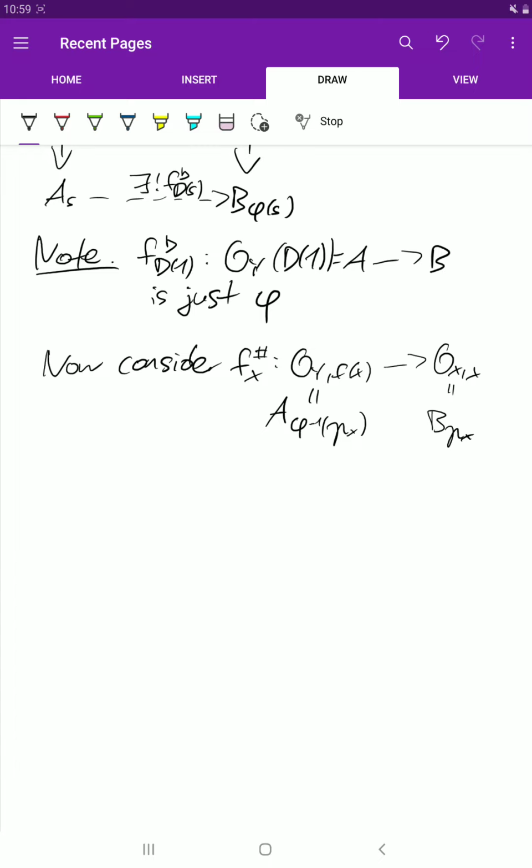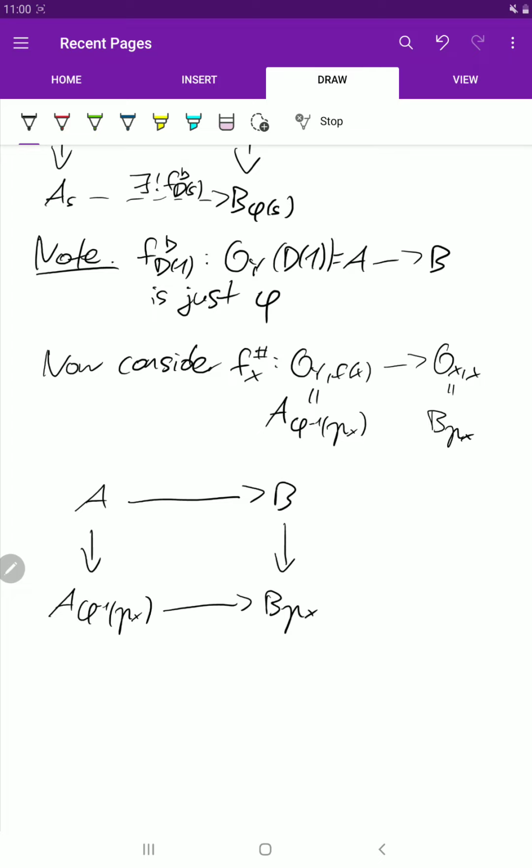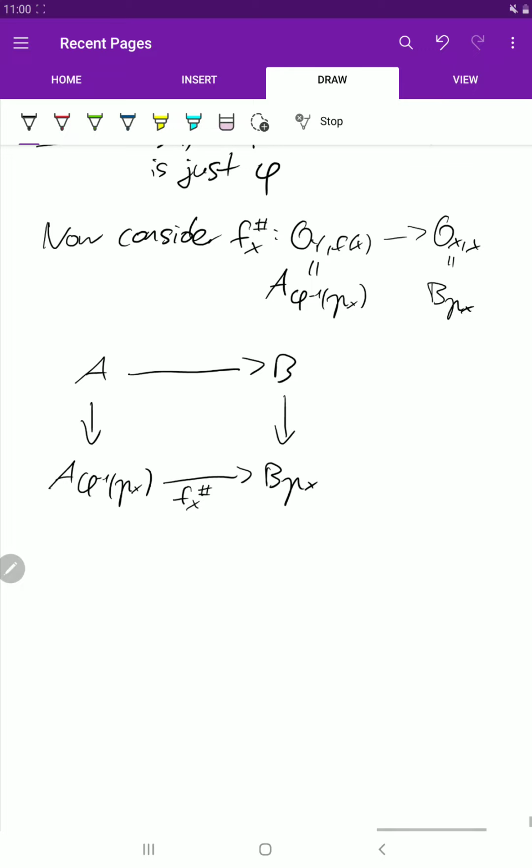Okay, now let's draw a diagram. So we have a morphism from A to B. We have a morphism in the local rings, phi inverse of p_x, B_{p_x}, and here we have f_x sharp, so this morphism on the stalks, and this is a local morphism.